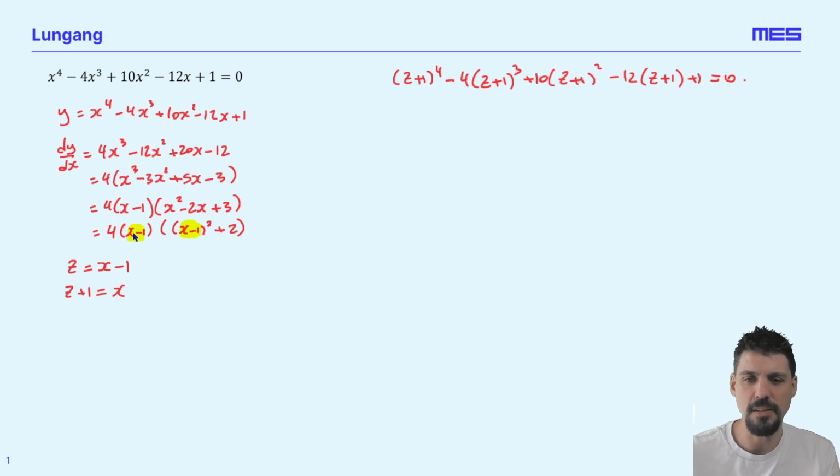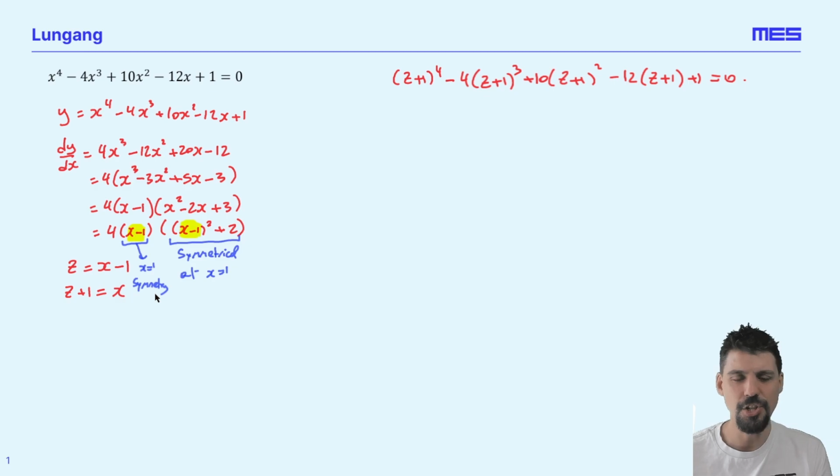Well, when you look at this, this is symmetrical about x equals 1, and this will be anti-symmetrical at the same place. But both of these have symmetry around x equals 1. So let's shift our entire graph by 1 and see what happens.